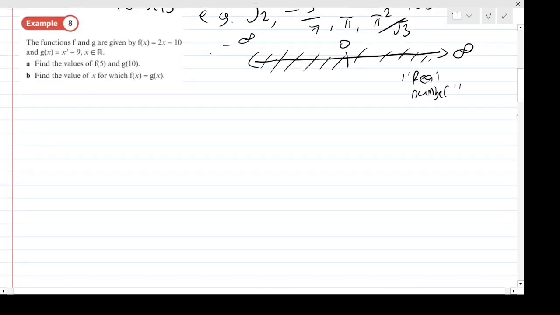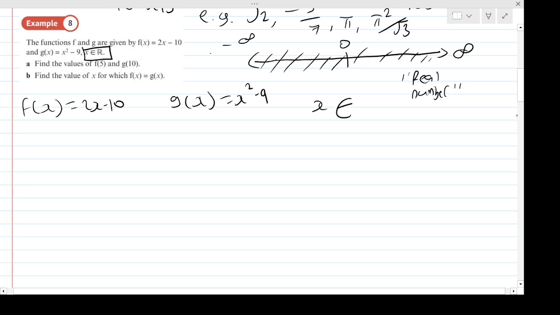this whole idea. Okay, so we are given two functions, f and g. We're given f of x is 2x minus 10, and g of x is x squared minus 9. And we're given this symbol here, x with this weird E-ish shape, which means it's a member of, or it's a part of essentially, R, which is the real numbers.